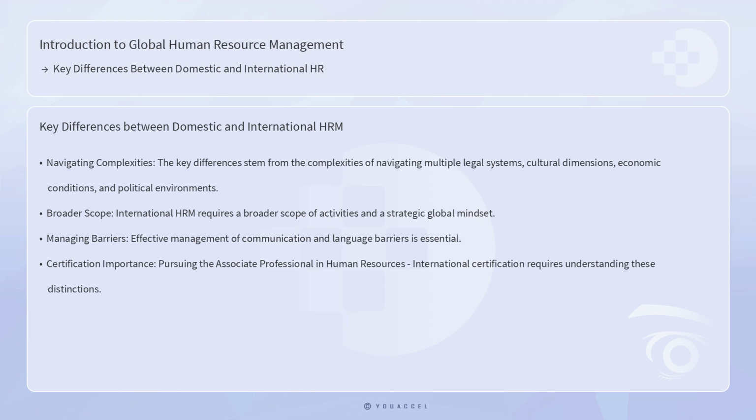As HR professionals pursue the Associate Professional in Human Resources International Certification, understanding these distinctions is crucial for successfully managing a diverse and globally dispersed workforce. By recognizing and addressing the unique challenges of IHRM, HR professionals can contribute to the success of multinational organizations in an increasingly interconnected world.